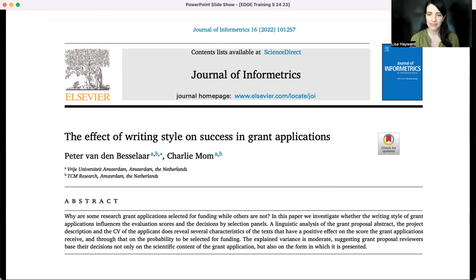The papers that had more technical language, longer sentences, more convoluted sentence structure, those were the papers more likely to have success in grant applications. And in my in-person training, there was quite a bit of speculation as to why this might be. I won't get into it. I'll just let you speculate on your own.